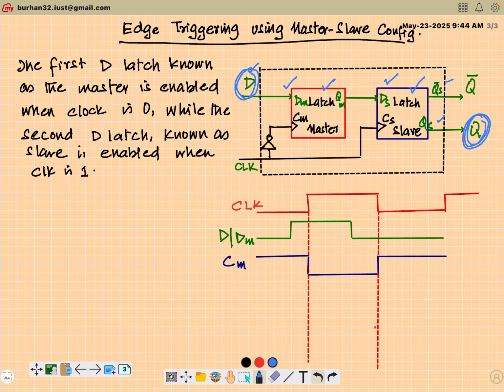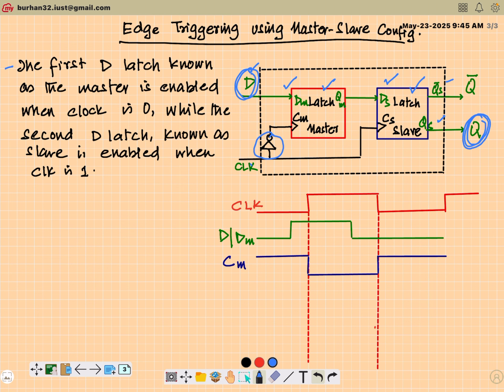An important difference in the two circuits is that they are being fed by the same clock, but the master latch gets an inverted clock, shown by this NOT gate, and the slave latch gets a direct clock. I have written here that the first D latch, known as the master latch, is enabled when clock is 0 because of this NOT gate.